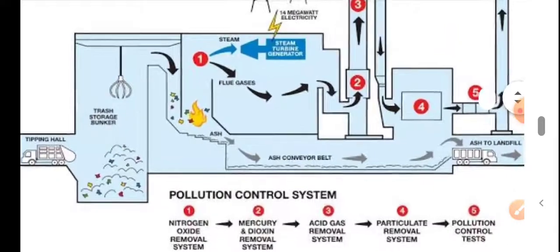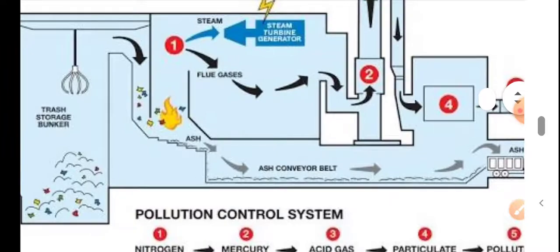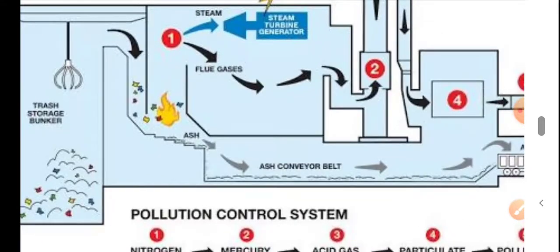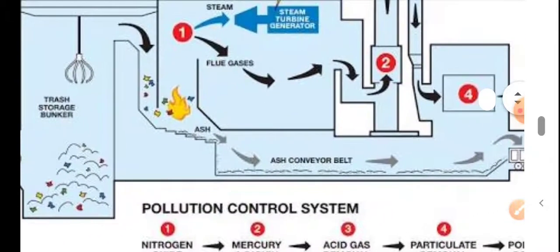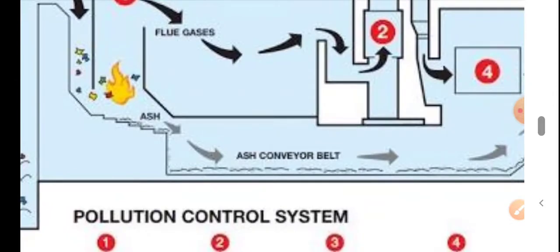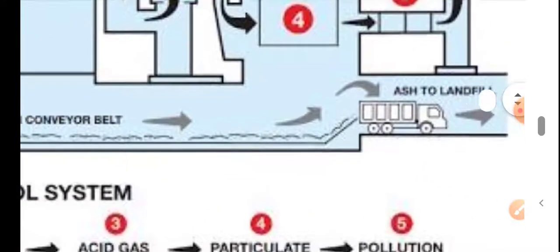And if we talk about the furnace, then after the combustion, a huge amount of the waste material is burnt and a very low volume of ash will be obtained, and by ash conveyor belt it will be sent to another chamber and put into trolleys.